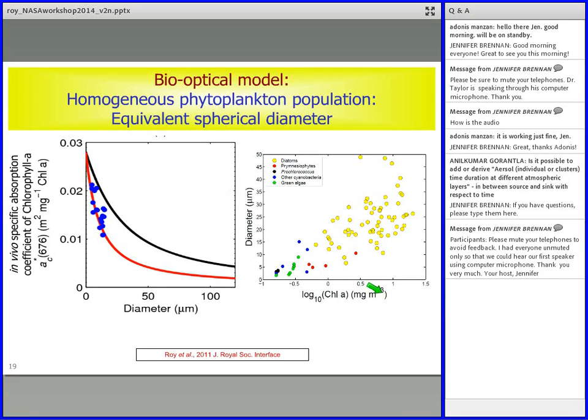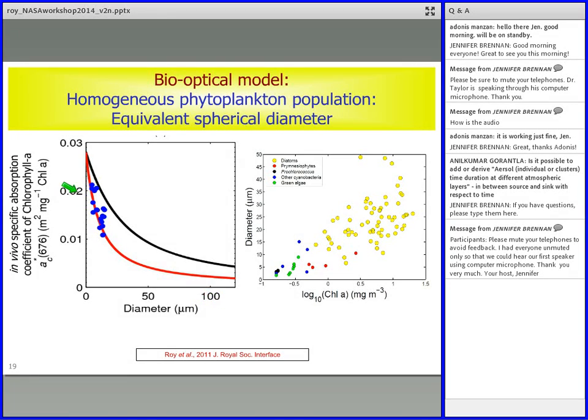And we used this peak, the red band, and developed a bio-optical algorithm to compute the average cell size, in terms of diameter, of a phytoplankton population which we consider to be homogeneous. So in this case, the red curve here shows the bio-optical algorithm function that connects the in vivo specific absorption coefficient of chlorophyll a at the red peak against the average diameter of the cells.